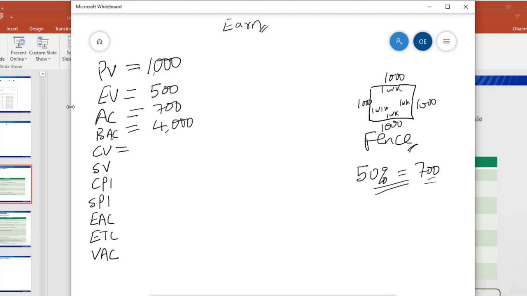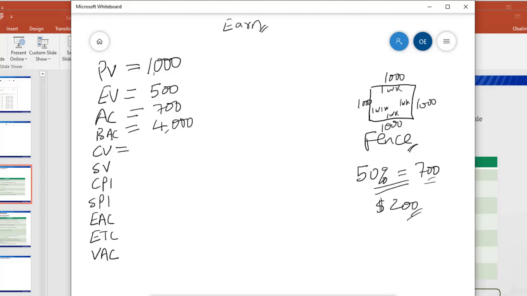But they spent 700. So by how much are we over budget at the end of week 1? You'll notice that we're already over budget to the tune of $200.